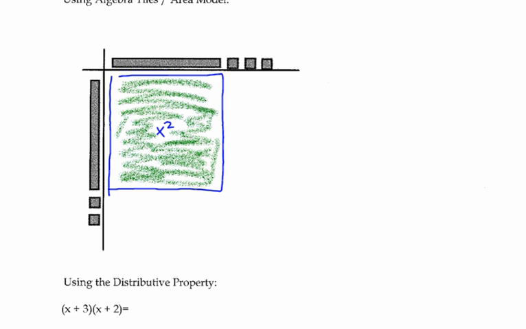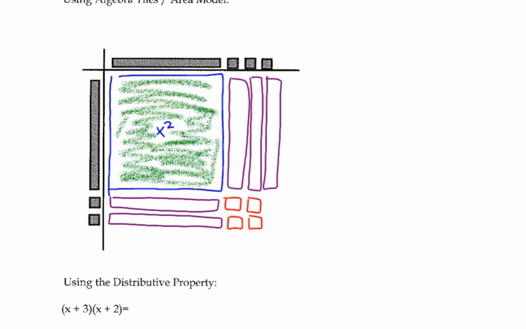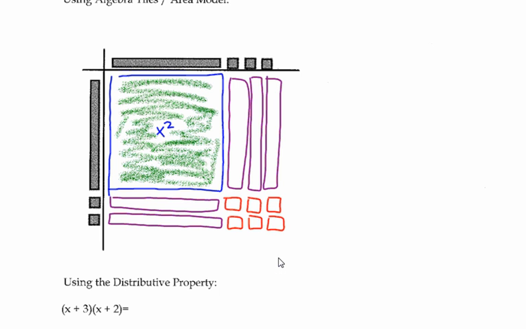And then we have here x times 1. This is where we had our x's, 2 x's here and 3 x's here. So you should always make a rectangle that fits together perfectly. And then our 1's. And they were all positive, so I'm going to shade them all in. There you go. Positive x's here.